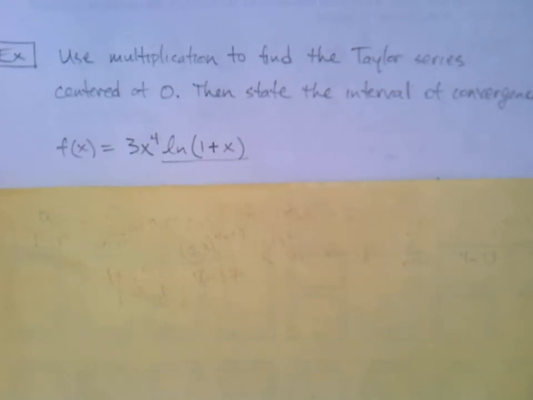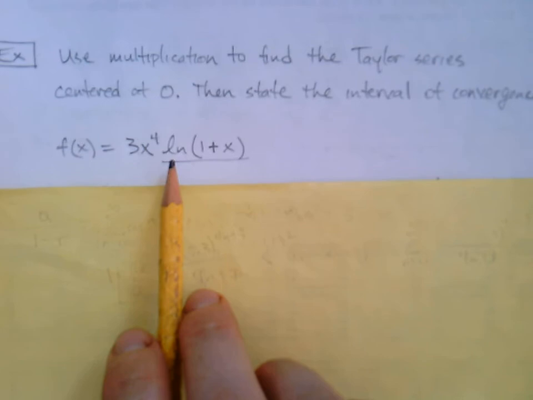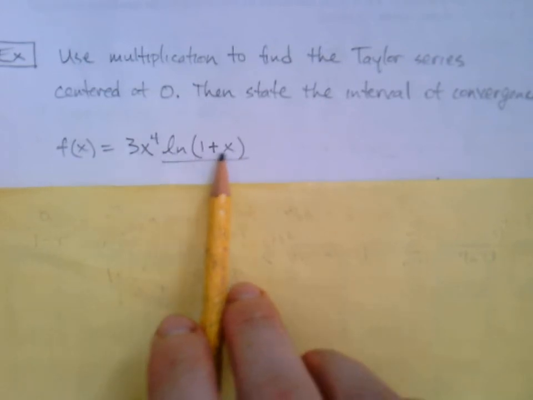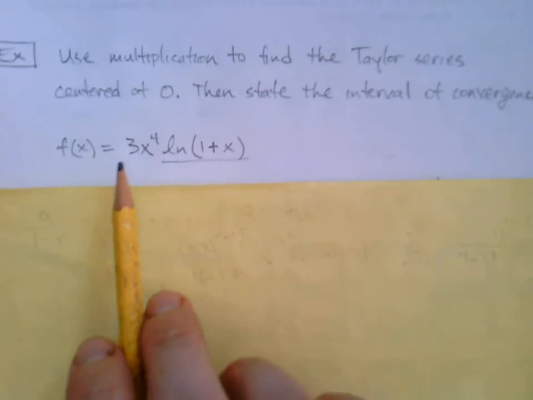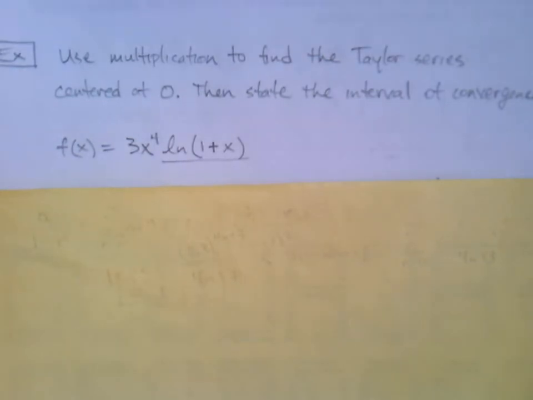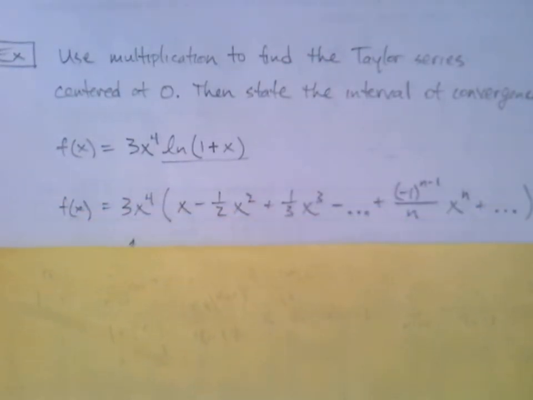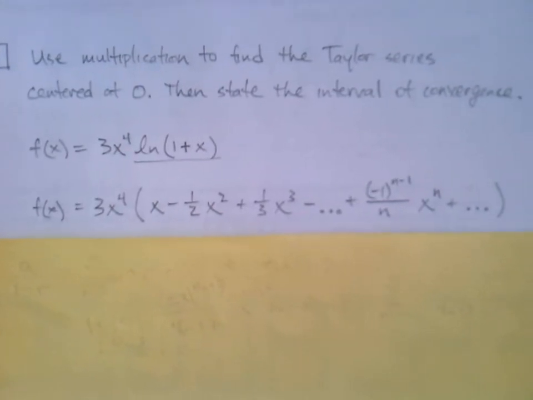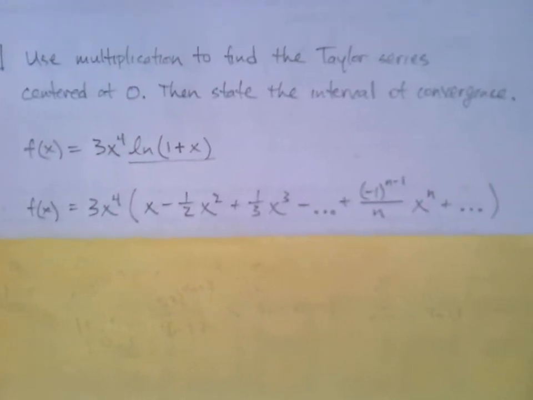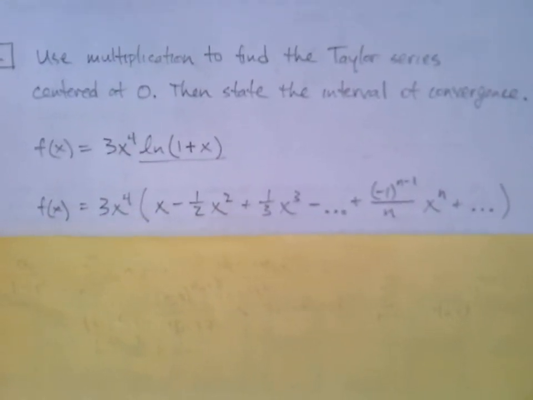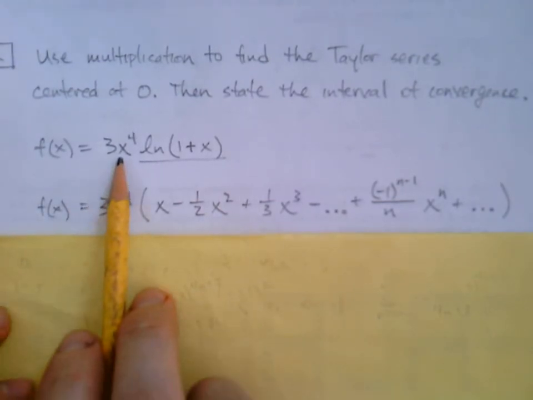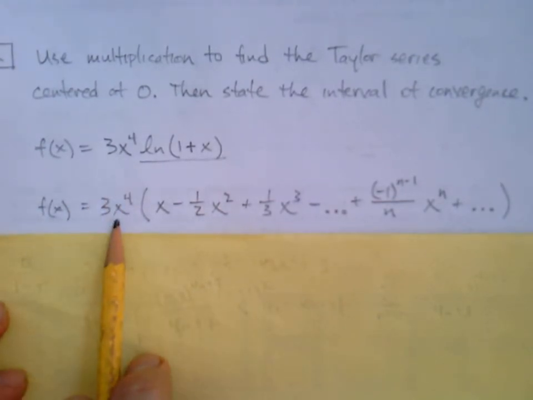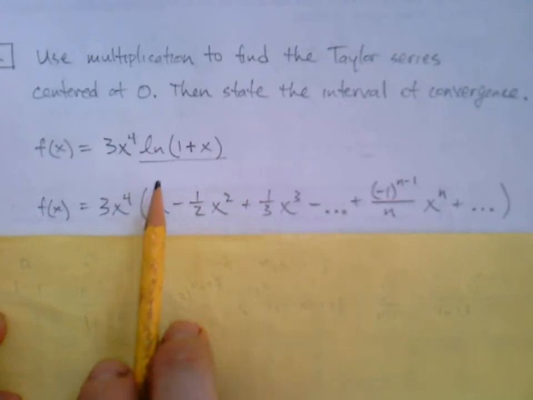So here's what we'll do. We will take the Taylor series expansion for natural log 1 plus x, and we'll just write 3x to the fourth out in front of it. Okay. So here we go. This part is going to get copied down as a multiplier.